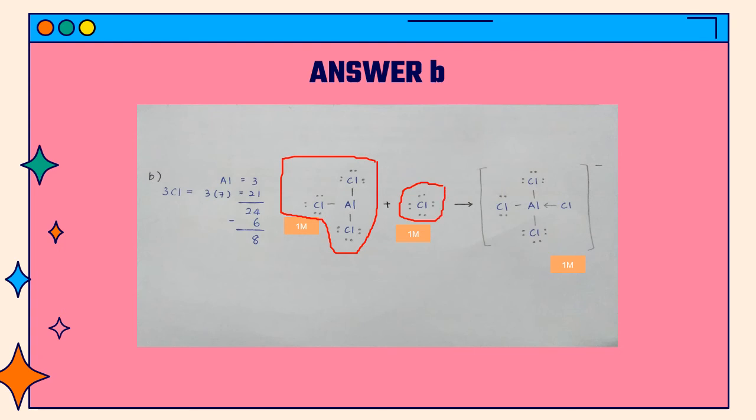And then you get this. So as you can see, Al has 3 electron pairs around it. Hence, Al has an empty orbital here. So when AlCl3 reacts with Cl, and then cut this.